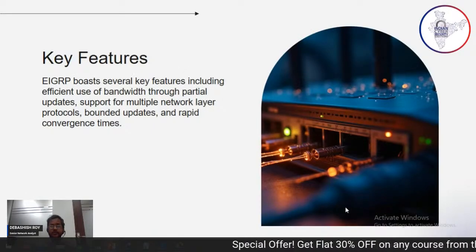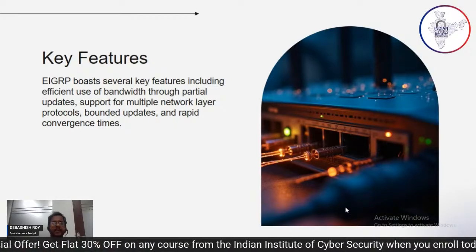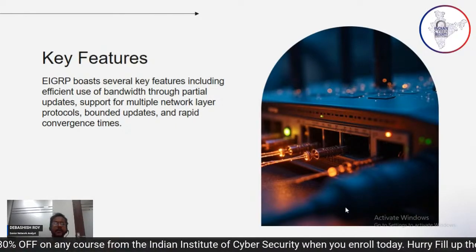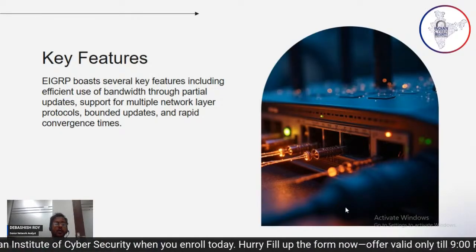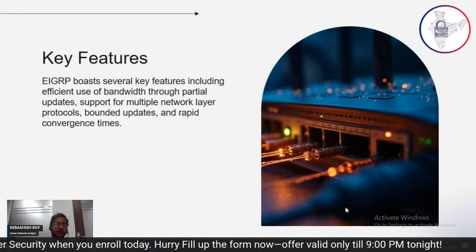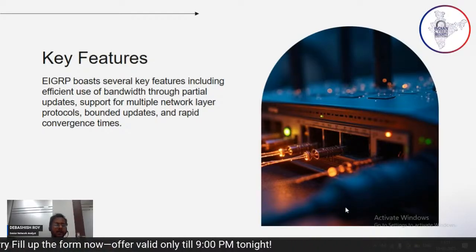What are the key features? EIGRP boasts several key features including efficient use of bandwidth through partial updates, because it sends the partial update, not the full update. As we know, in the case of OSPF it is either the full update or the incremental update, but in the case of EIGRP it is only the partial update. So it does not do the LSA flooding that you have in the case of OSPF.